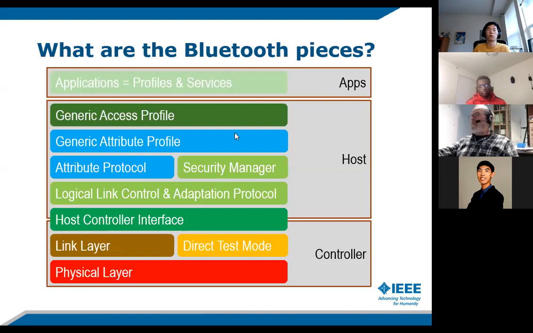So here's an example of a Bluetooth stack. One of the things that Bluetooth does, which is relatively unique, is they specify all layers of the stack. They specify the core stuff, and they specify all the profiles as well. So I'm going to explain briefly what some of these things are. Physical layer we've talked about a lot. The data link layer is how you recognize where bits are and then make packets out of the bits.